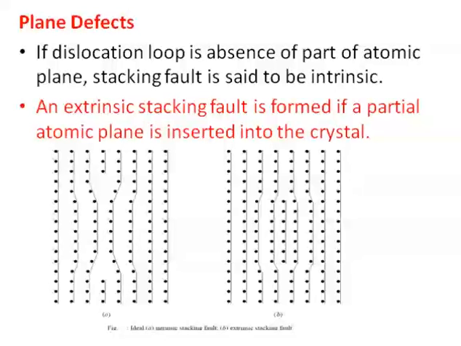The next one also, all the atoms are there, though they have moved in a random order. The next one also, but if you look at line number 4, either from left or from the right, you can see that part of the atoms is missing. Therefore, this plane is completely omitted from the structure, and we call it a plane defect because part of the atomic plane is missing.